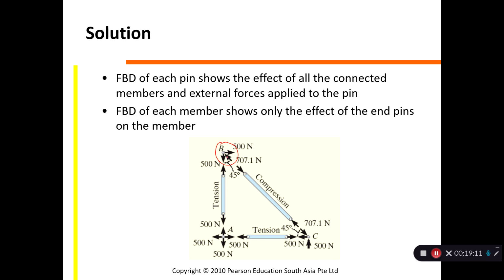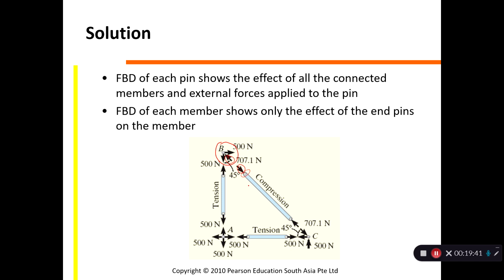So you have this pulling, and actually here, why is it compression? Because at the member's end, you have the force that is reacting to this. Okay, so these two forces are reacting to each other. And at the other end, you have the force to balance it out. So that's why even though it looks like the force is pulling into the joint, looks like it's stretching, actually it is in compression.